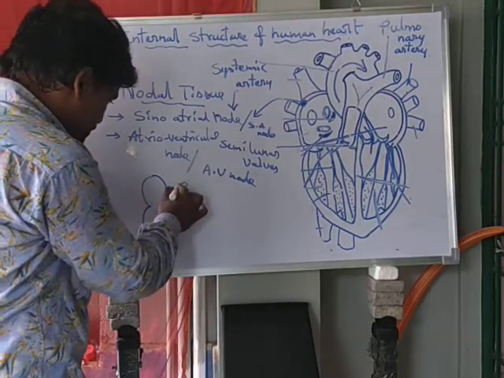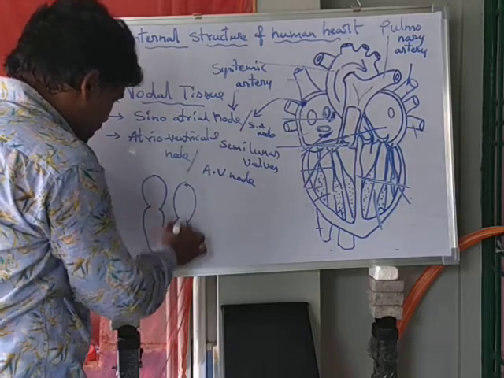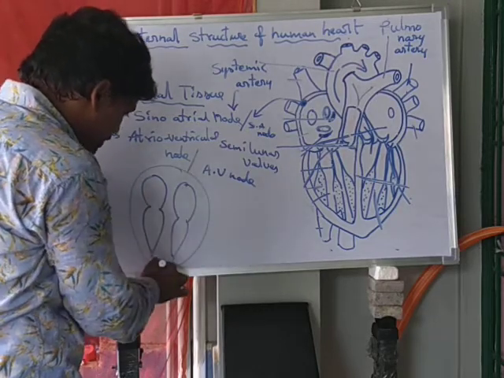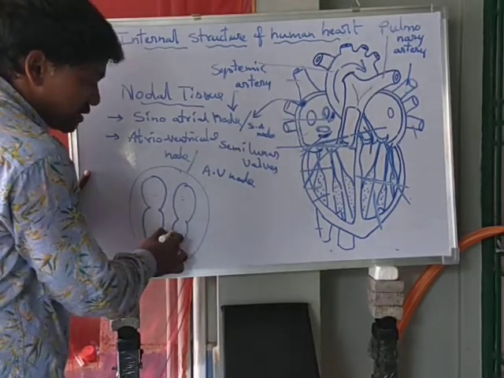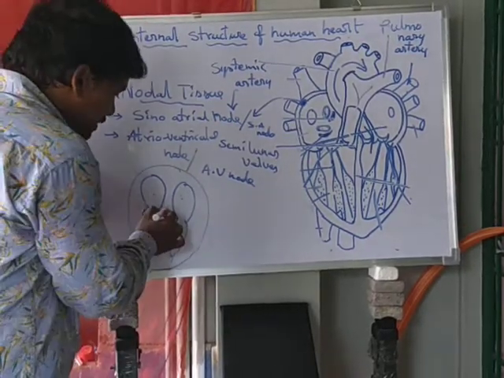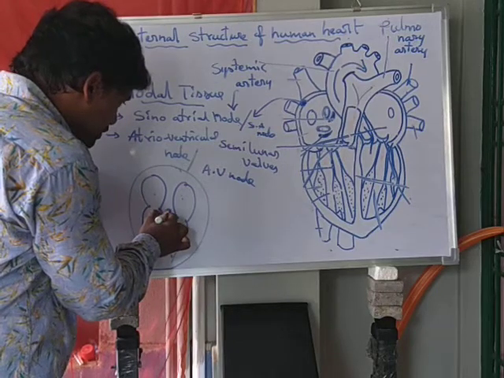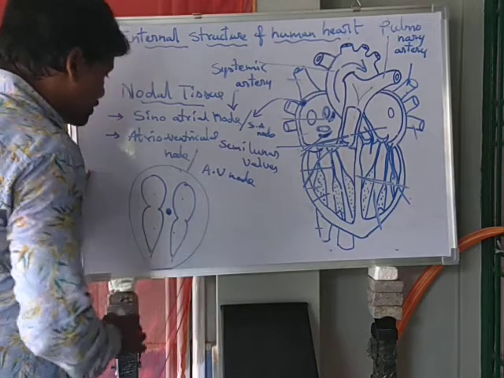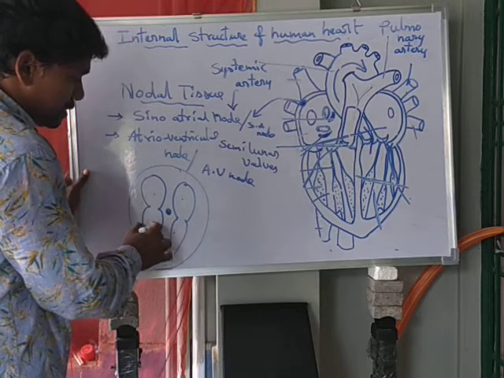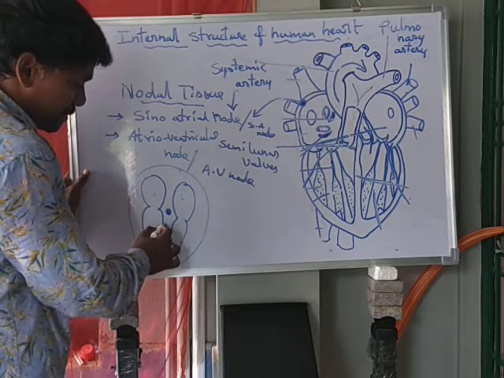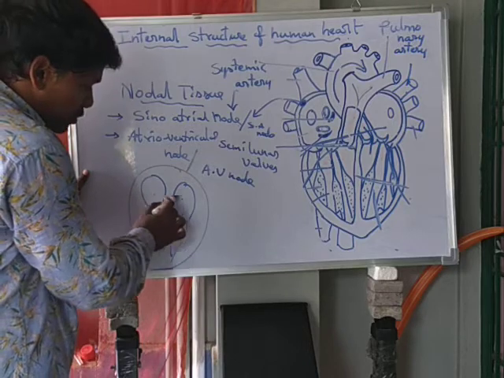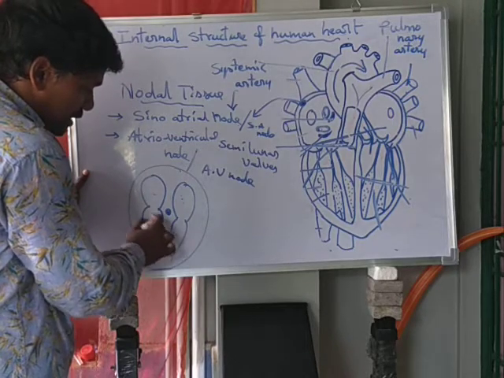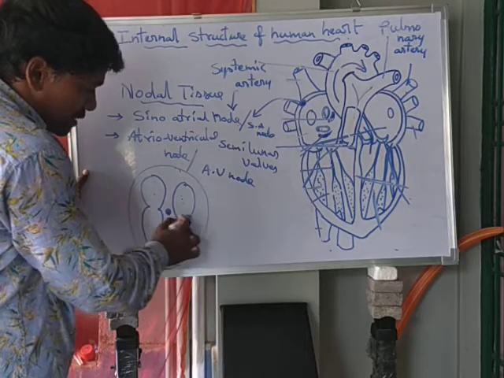Here we see one diagram. This is a supposed diagram of the human heart. These are the atria and these are the ventricles. The atrioventricular node is present here because the two ventricles are separated by the interventricular septum, and the atria and ventricles are separated by the atrioventricular septum.